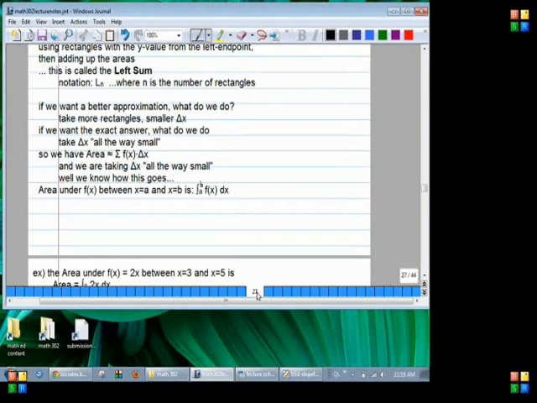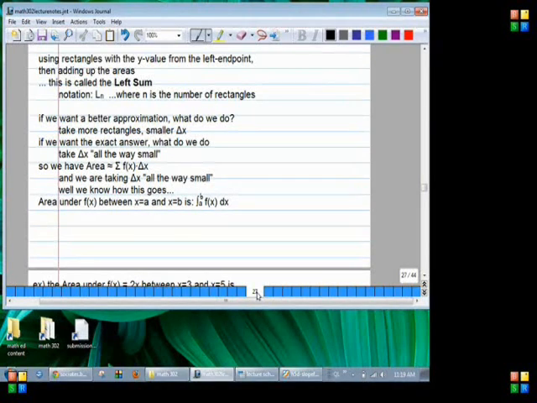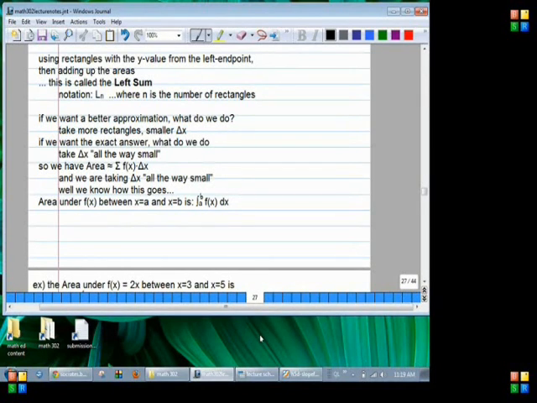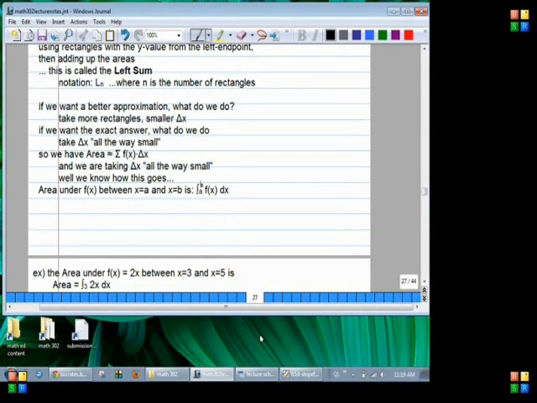So here we have a function, f of x equals 2x. I want to find the area under it between x equals 3 and x equals 5. So it's the integral of 2x from 3 to 5. Right, so the area is just the integral.